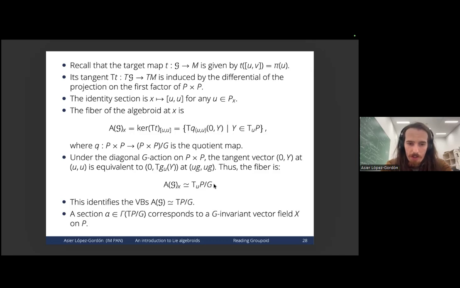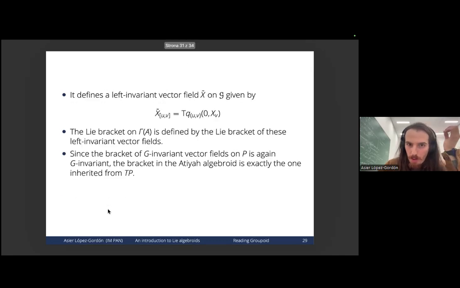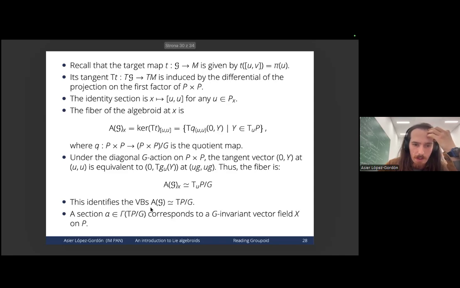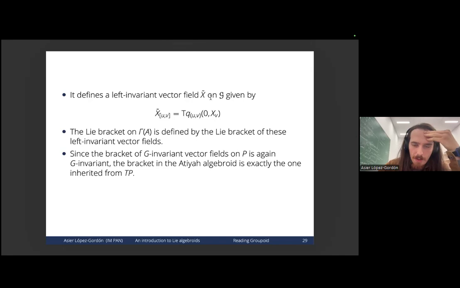We can see that sections of this quotient of the tangent space by G correspond precisely to left invariant vector fields. In turn, for each left invariant vector field on the principal bundle, we define a left invariant vector field on the gauge groupoid as follows.